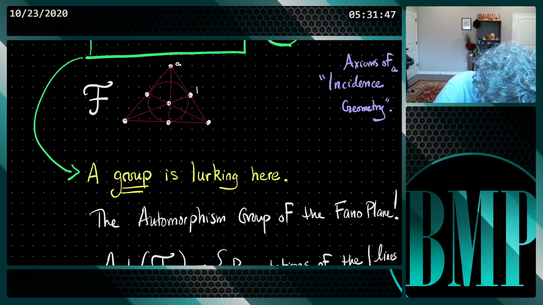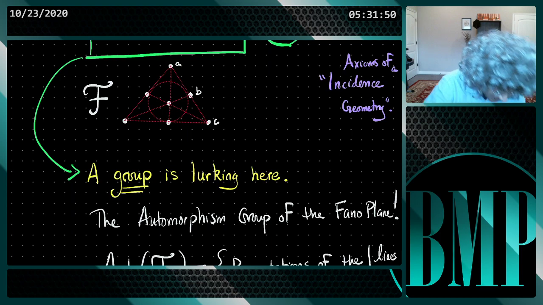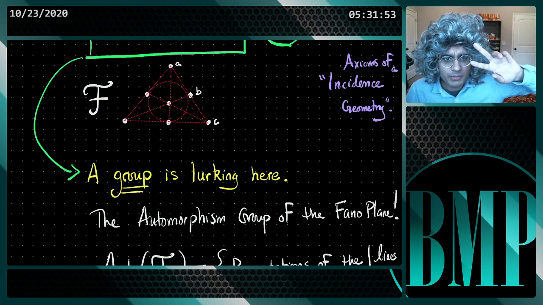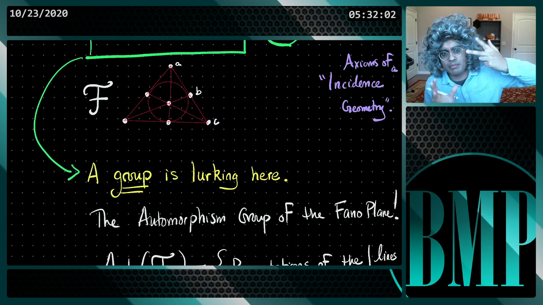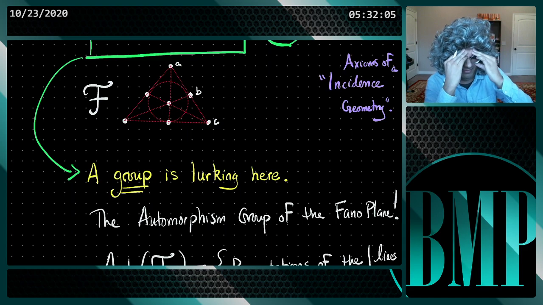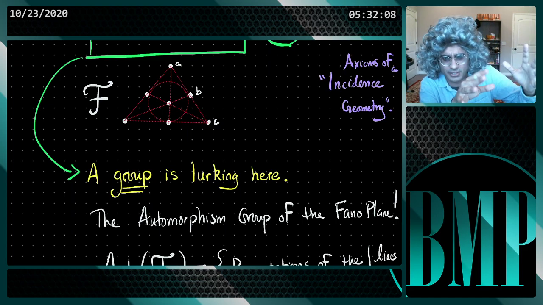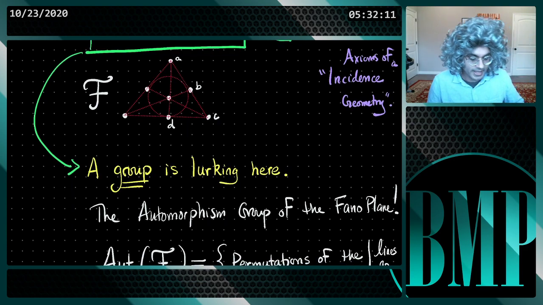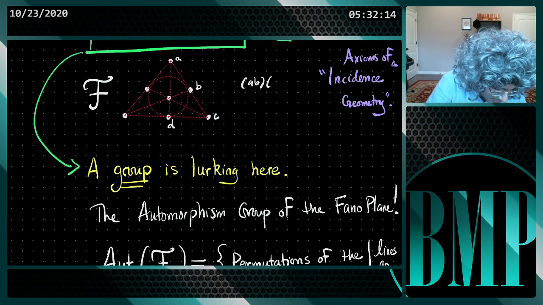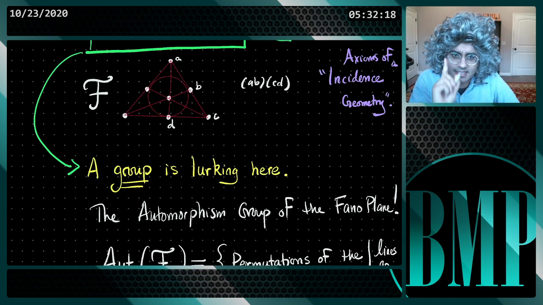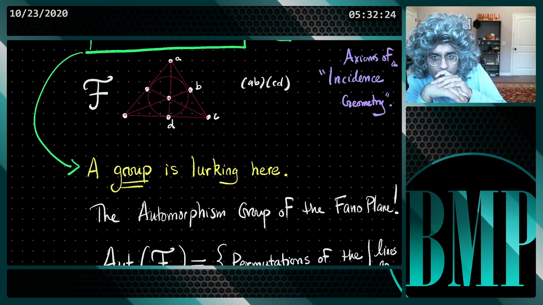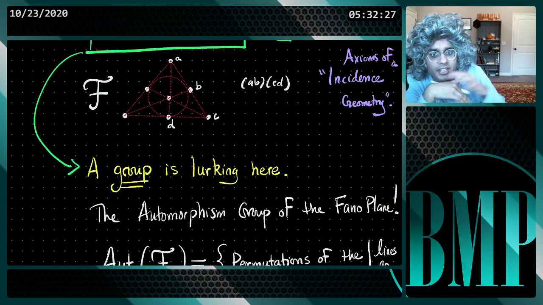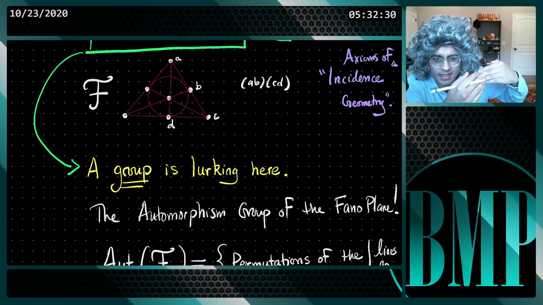Here's a point A, and here's a point B. And here's a point C. If you take A and B and swap them, and swap C and something else, D, and leave all the other dots untouched, this is an example of a permutation that does not respect the lines.